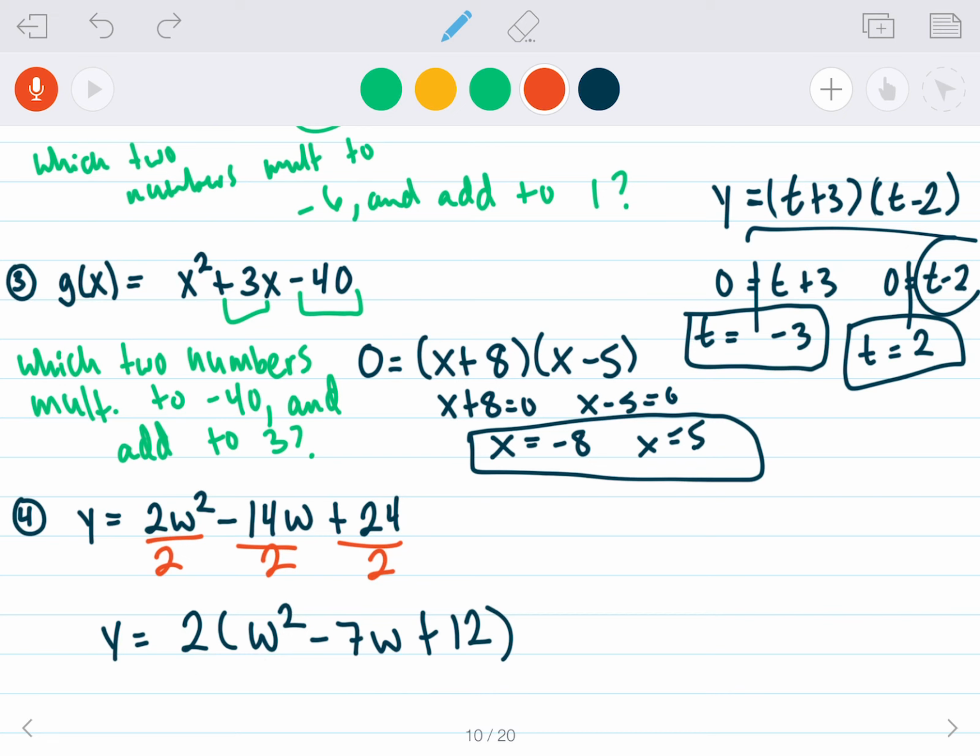And now we're in a good position because this is in standard form. We have A is 1, which we wanted, B is negative 7, and C is 12. So we can factor this.